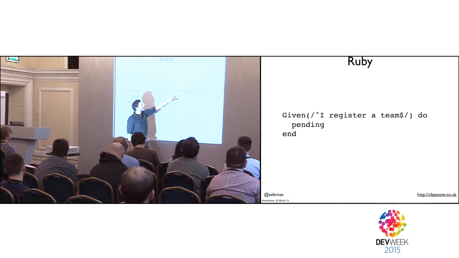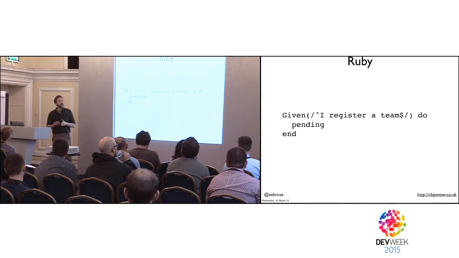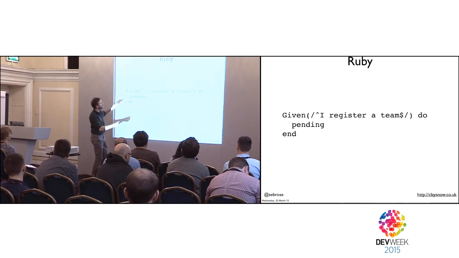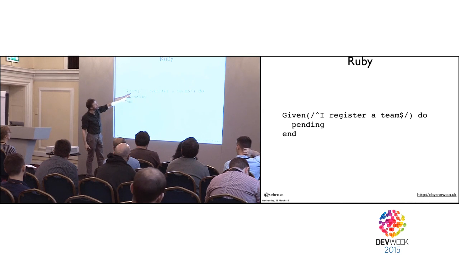This means the end of the line. So this regular expression will only match a step that, as its first character after the keyword is I, and then it says I register a team, and then it's a new line. So that's what this is matching. So if you go back, it matches this. And that matches it exactly.